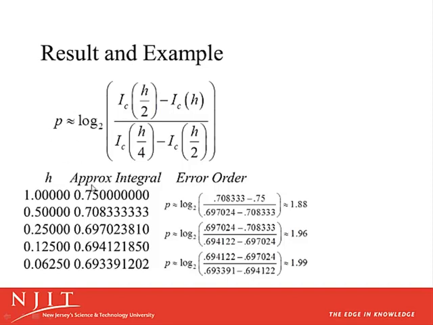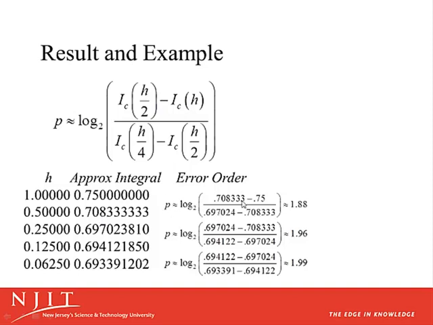So going back to the same problem that we had before, the integral from 0 to 1 of 1 over 1 plus x. We had our approximations using the trapezoidal rule. And if we take the first 3 values and plug them into this equation, what do we get? We get p equal to log base 2 of the middle value minus the coarse value, divided by the fine value minus the middle value.